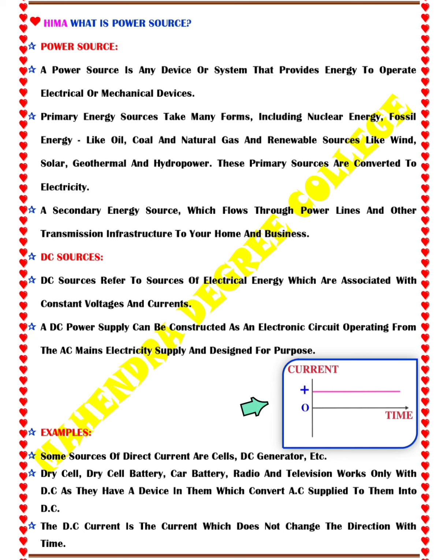The image displays a graph representing direct current, DC. Direct current is the unidirectional flow of electric charge, meaning the current flows in only one direction.